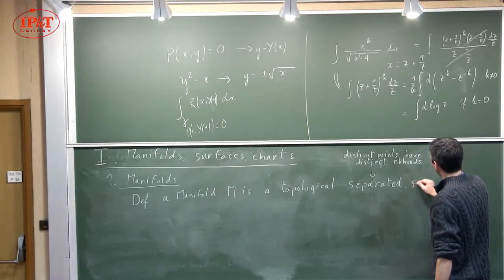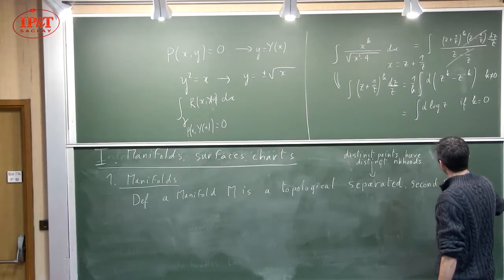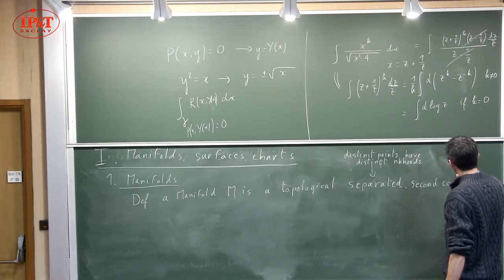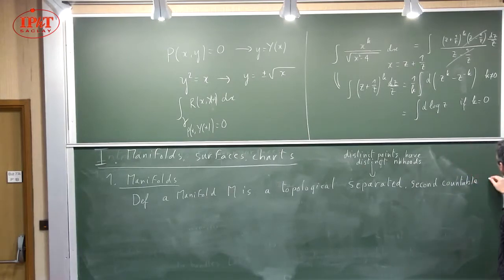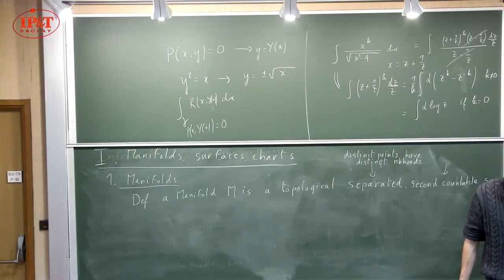Separated, and there is another thing, it's called second countable space. So second countable means that you can generate the topology by a countable set of open sets.